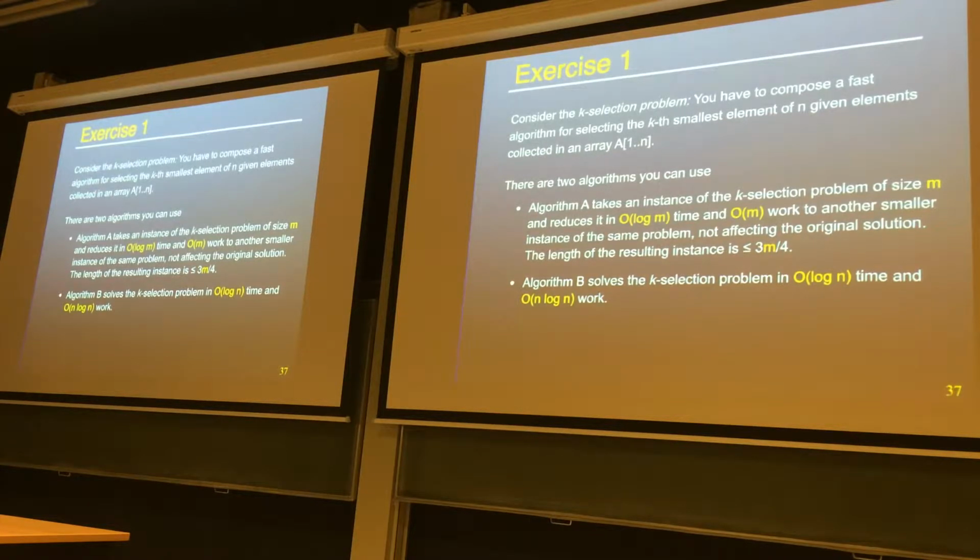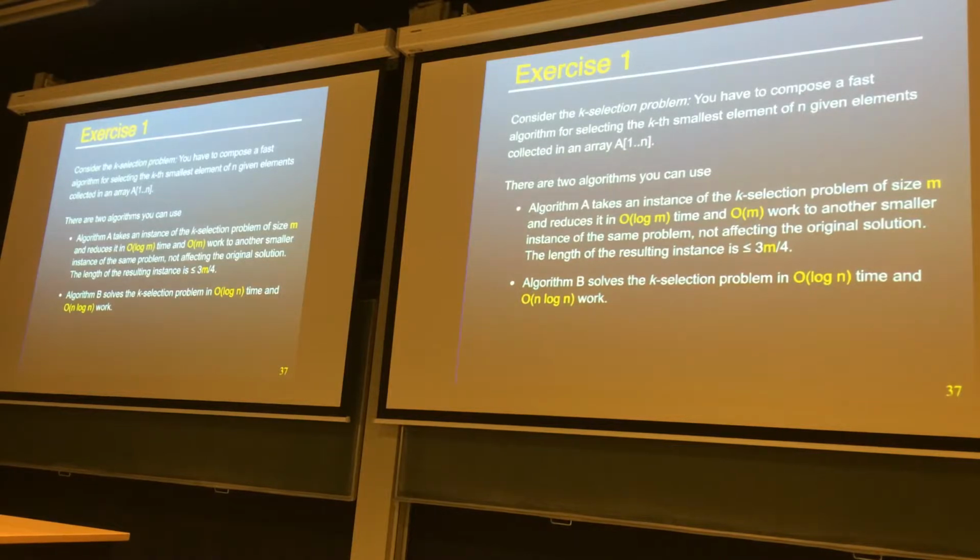So you concentrate on the data that really are important. That does not affect the original solution, but reduces the set of numbers you have to worry about, and this set of numbers is 3m divided by 4. So 3/4 of the original set are preserved, and the rest you don't care for. So you can reduce that ultimately to a constant number of elements and then finally you could retrieve the element.